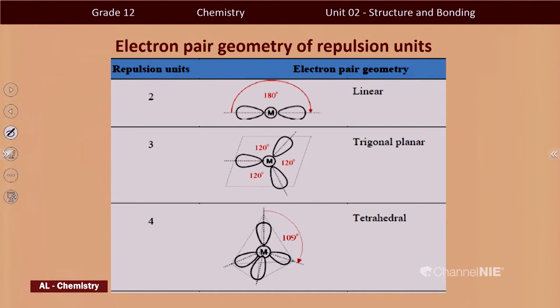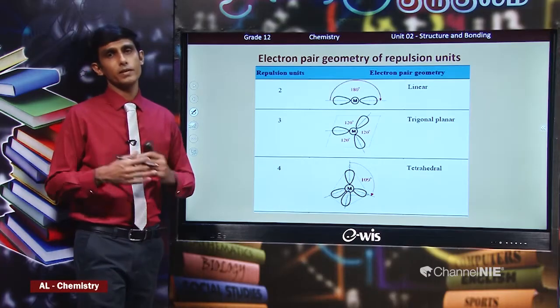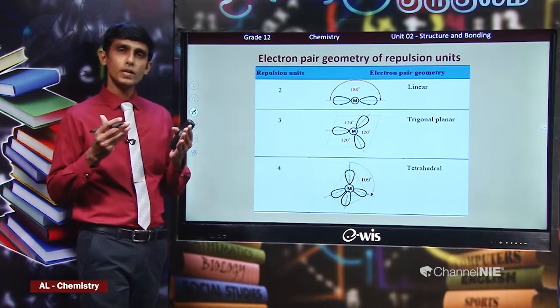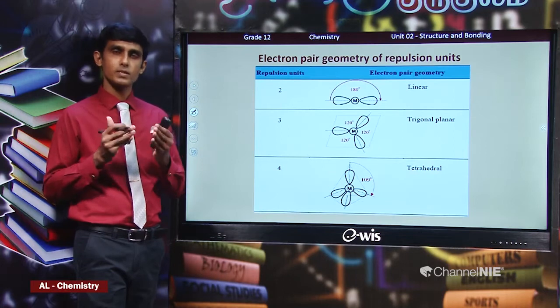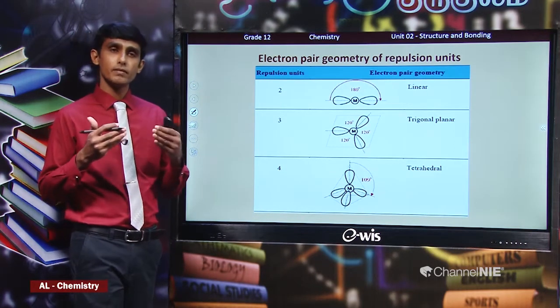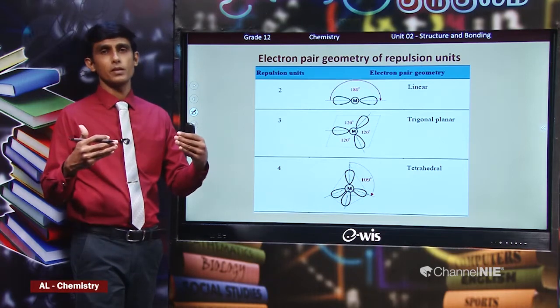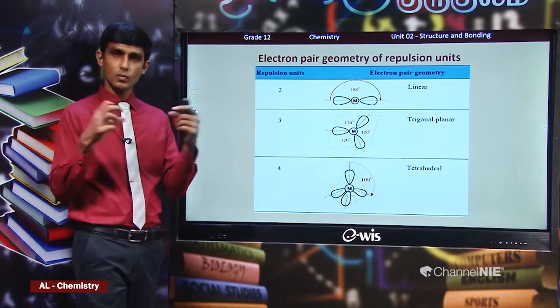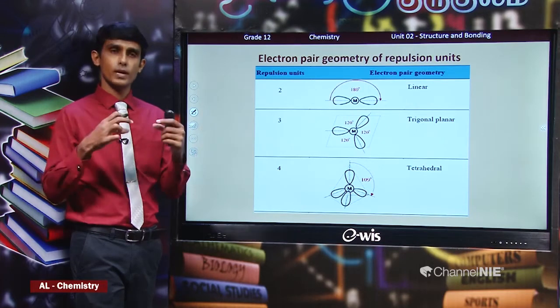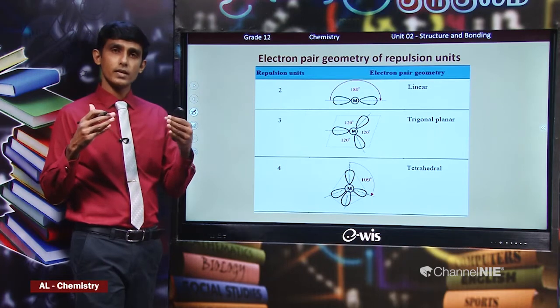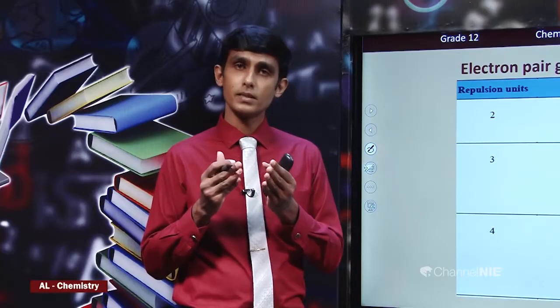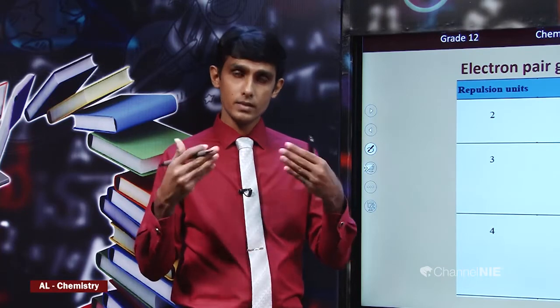Now, around a particular atom, if there are two repulsive units, meaning either two bond pairs or two lone pairs, those two will be arranged so that repulsions are minimum. That means they will arrange as far as possible. So, when there are two pairs around the atom, they arrange so that their repulsions are minimum, that means the distance between them is highest.